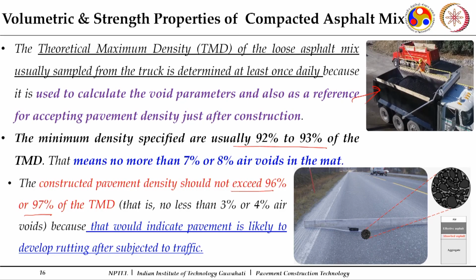If during laying and compaction the air void goes below 3%, then the chances are that the mix will show failures related to rutting. You can see a depression along the wheel path. This can happen in a newly constructed bituminous course.